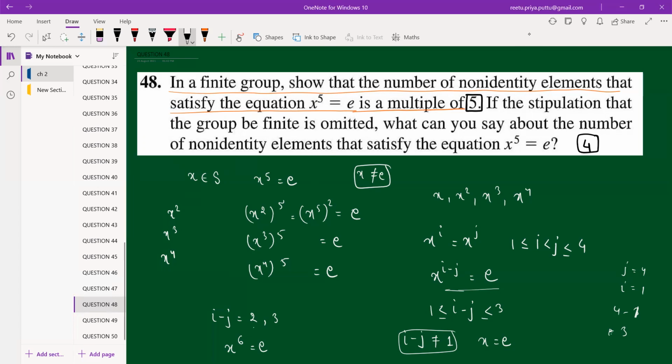We get x to the power 6 equals identity. But we know that x to the power 5 is identity. So we have x equals identity, which is a contradiction. Why? Because we have considered that x is not equal to identity. Hence, we can say that all the x to the i and x to the j are distinct. And this is what was required here.